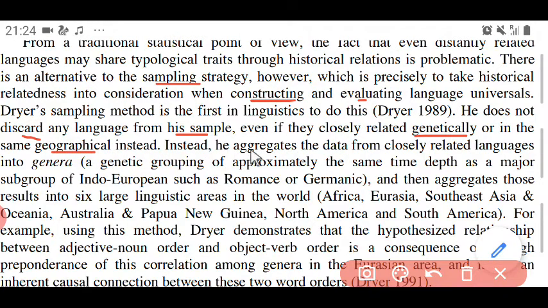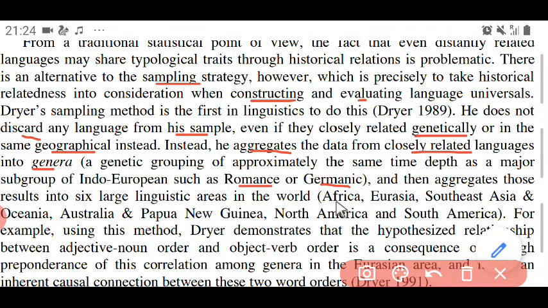Instead, he aggregates the data from closely related languages into genera, a genetic grouping of approximately the same time depth as a major subgroup of the Indo-European, such as Romance or Germanic, and then aggregates those into six large linguistic areas in the world.